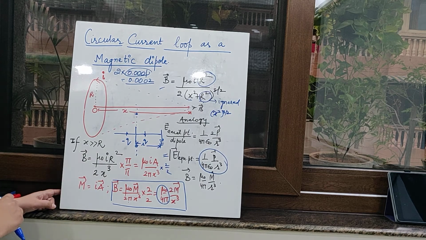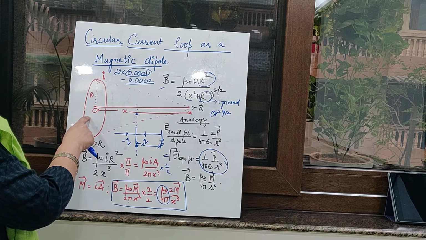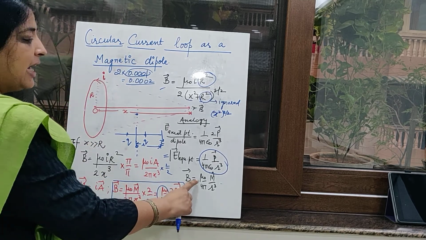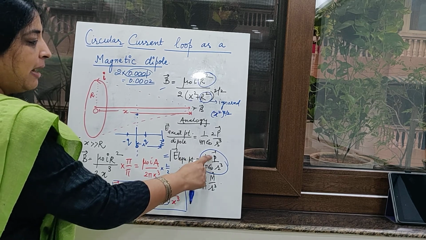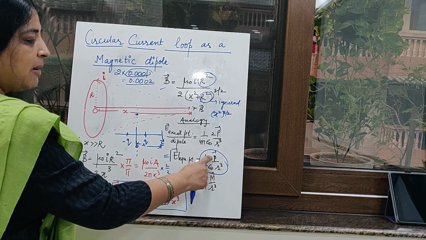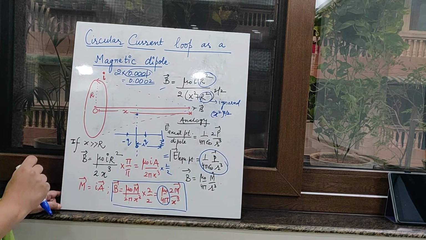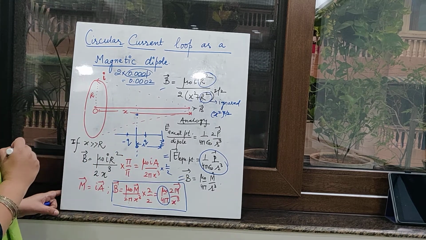Now by analogy, we can write down the magnetic field due to this current carrying loop in its plane itself as mu naught by 4 pi, again replacing 1 by epsilon naught by mu naught and P by the electric dipole moment by the magnetic moment, we will get this expression. And experimentally we found that this was absolutely correct.